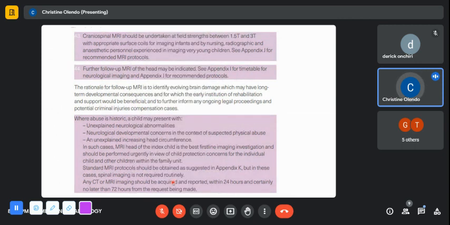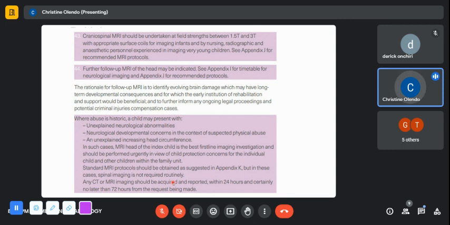Craniospinal MRI should be done at 1.5 Tesla or 3 Tesla, and the child should be accompanied by a whole team, that is the nursing and radiographic staff, in case of need for intubation. Follow-up MRI may also be indicated where there is historic abuse, and the child may present with unexplained neurological abnormalities, neurodevelopmental concerns in the context of suspected physical abuse, or an unexplained increasing head circumference.